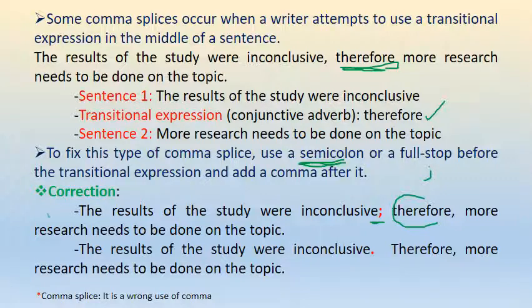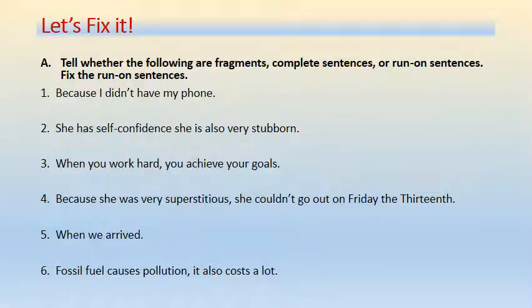Or, this is correct, you can say: the results of the study were inconclusive. Full stop. Therefore, more research needs to be done on the topic. Both are perfectly right. Just remember not to put the comma where it does not belong.